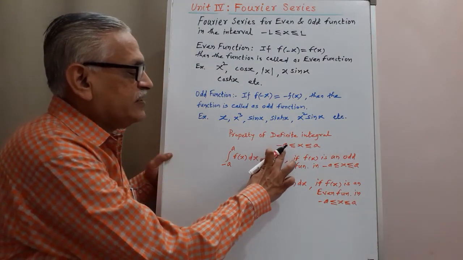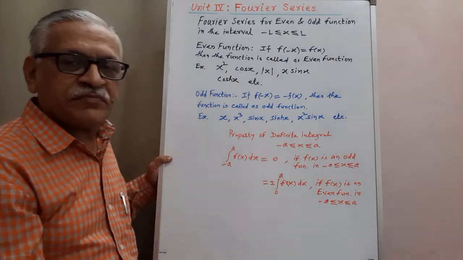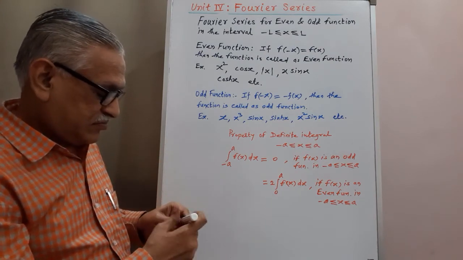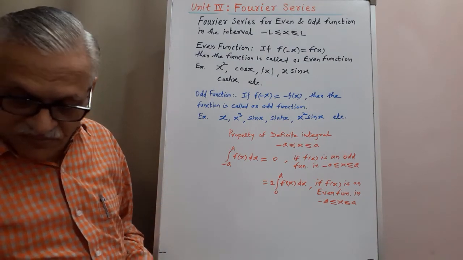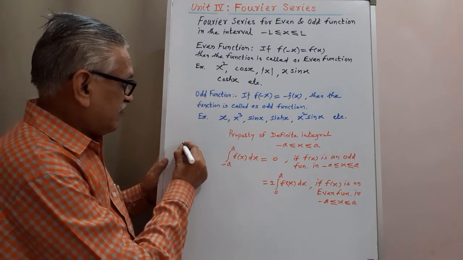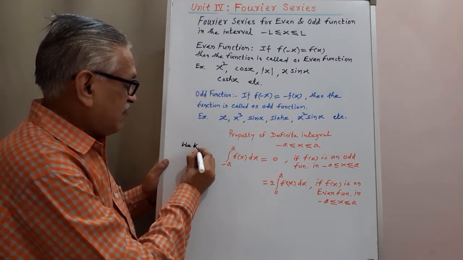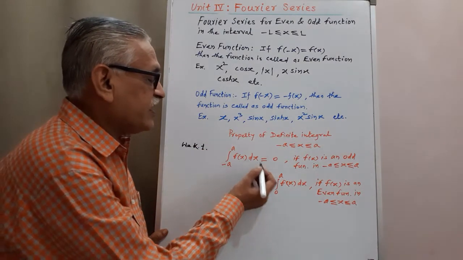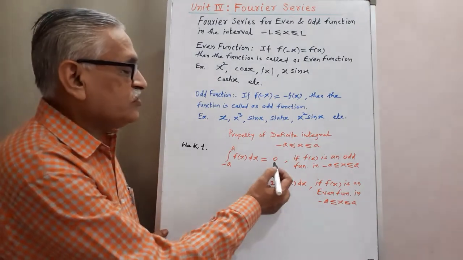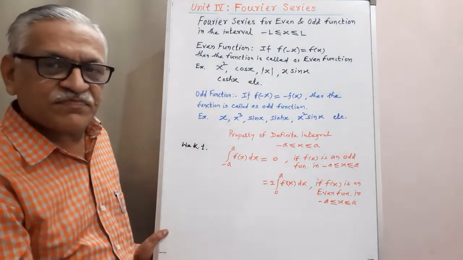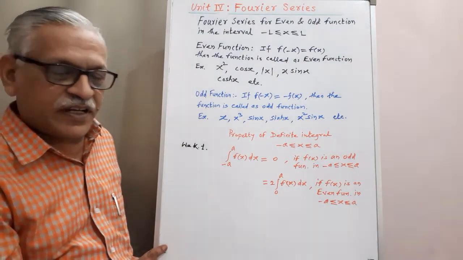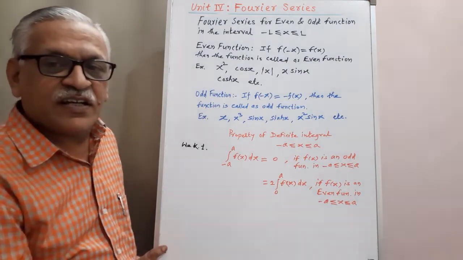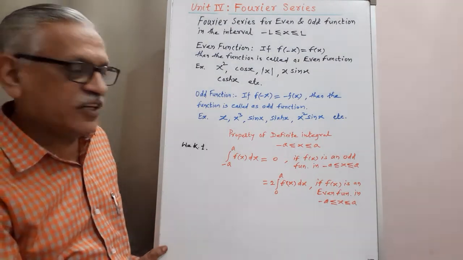When that function is defined in the interval minus a to plus a, then we know that integration from minus a to a f of x dx has two values: 0 if the function is an odd function in the interval minus a to a, and its value is 2 times integral from 0 to a f of x dx if that function is an even function.